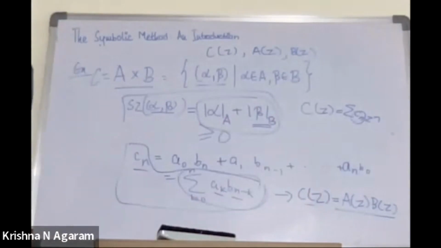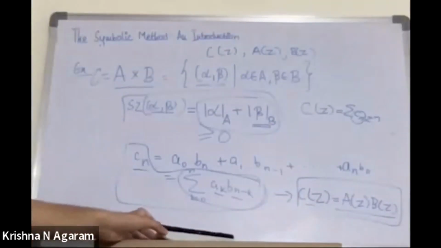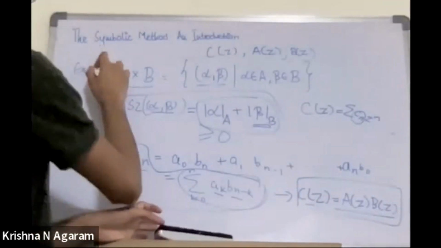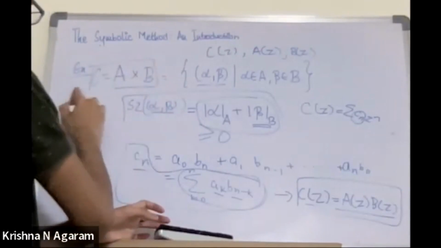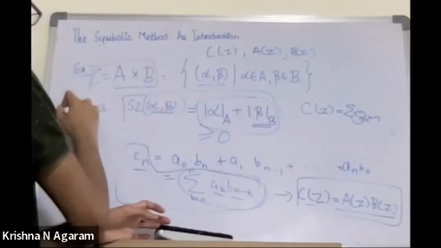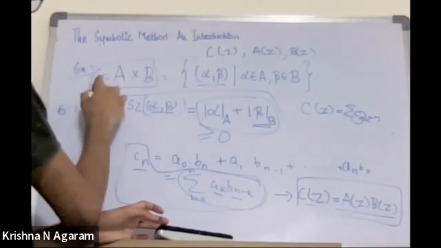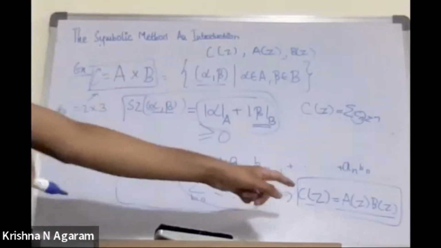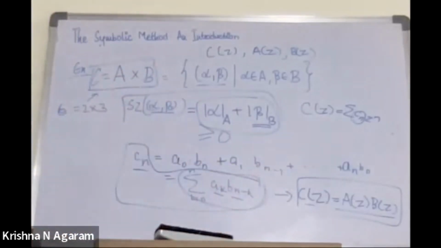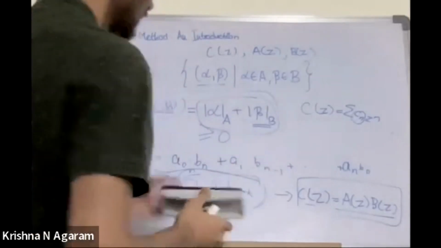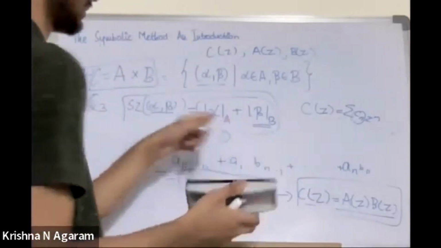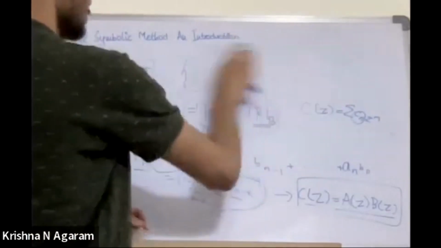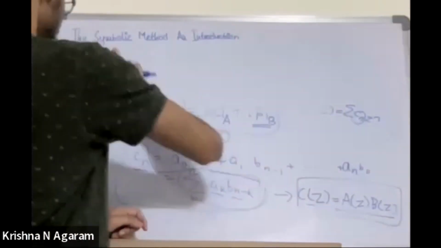So they are equal, the functions. Yeah. So you get this. The notation is quite good in the sense that if you say 6 equals 2 into 3, this notation is suggestive of that. And in fact, the generating functions also multiply, so that's quite nice. It all came down to the size function. Basically, this was a good size function to choose. Okay.